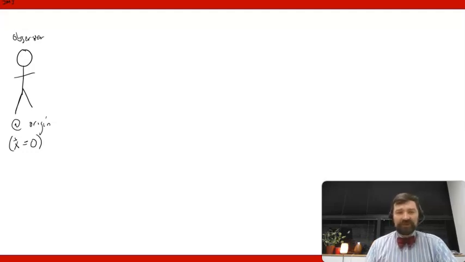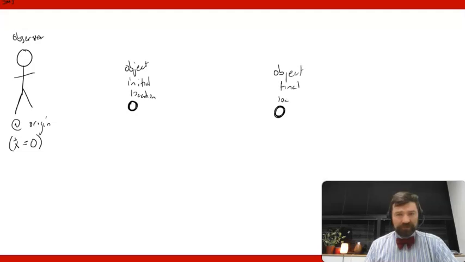Now I have an object. Let's say the object is initially here, so object initial location, and maybe over here is the object's final location.